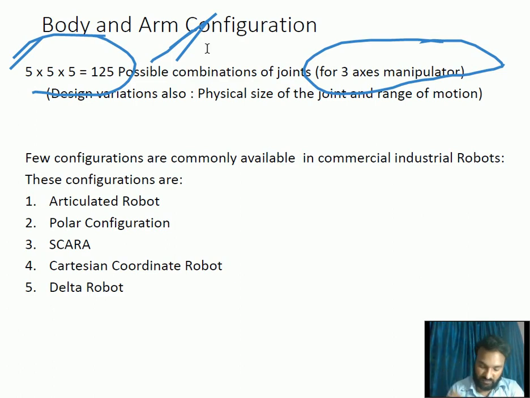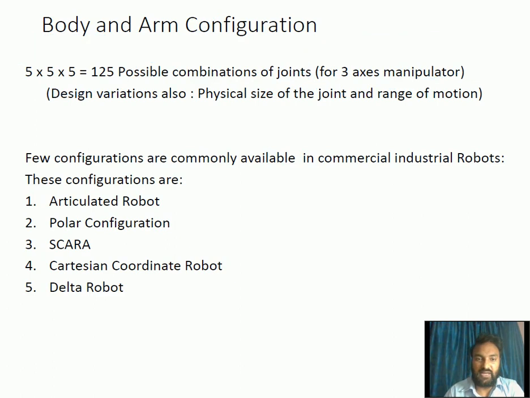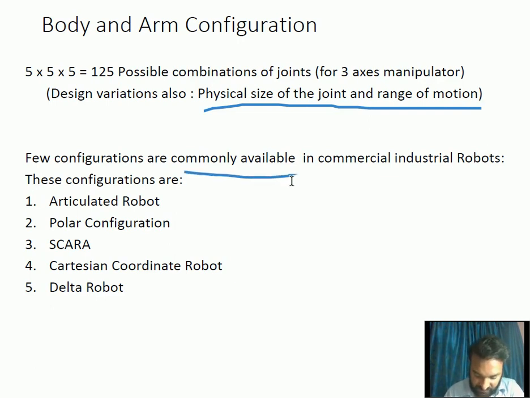These joint design variations affect the physical size of the joints and the range of motion of the robotic arm, or manipulator.